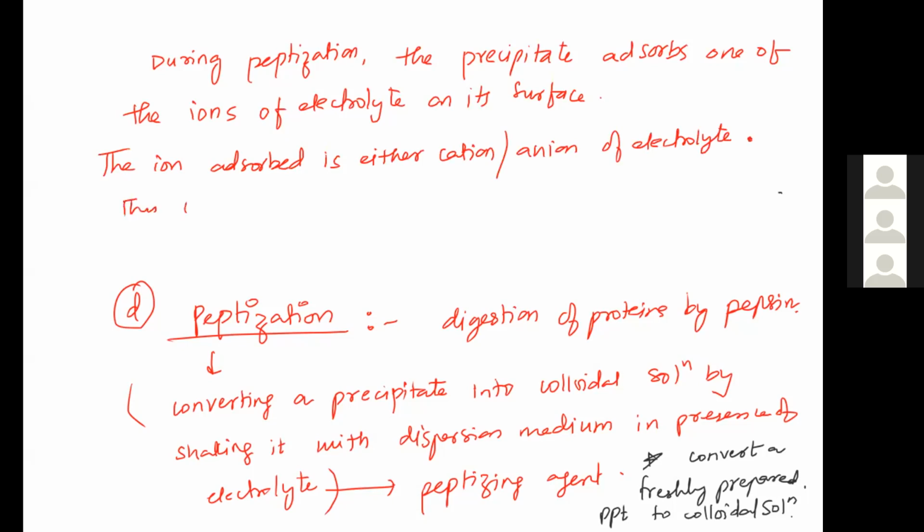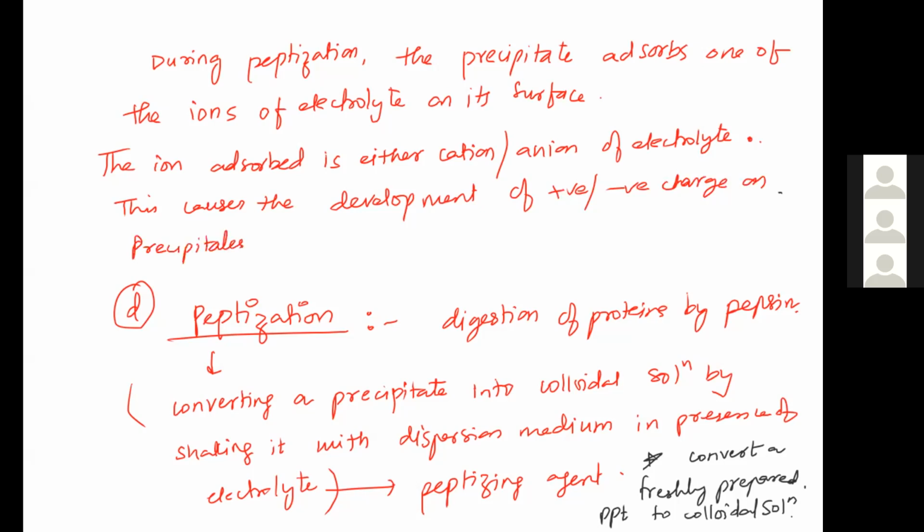This causes the development of positive or negative charge on the precipitates, which ultimately break up into particles of colloidal range, colloidal dimension.